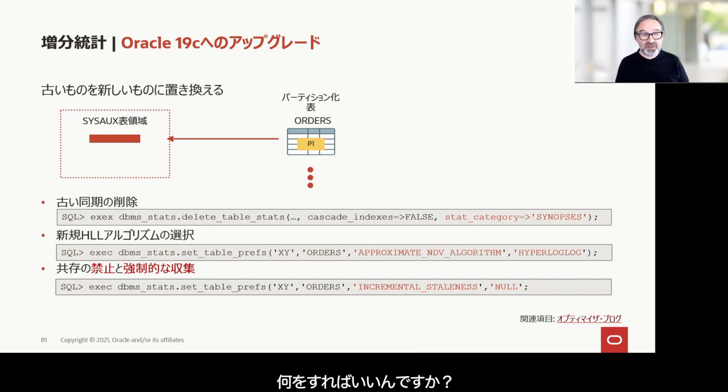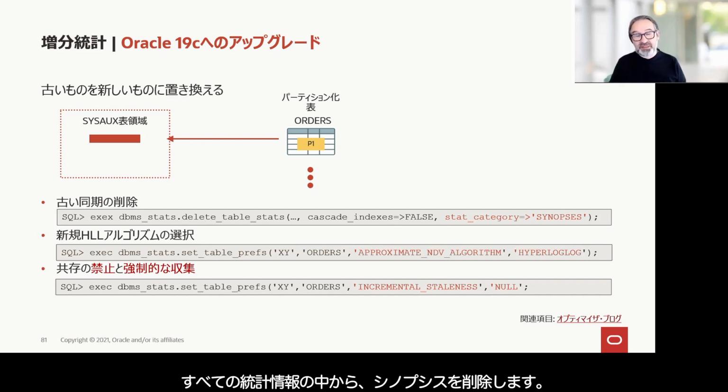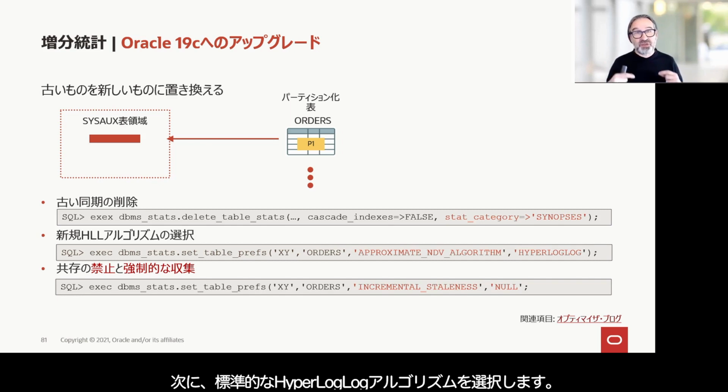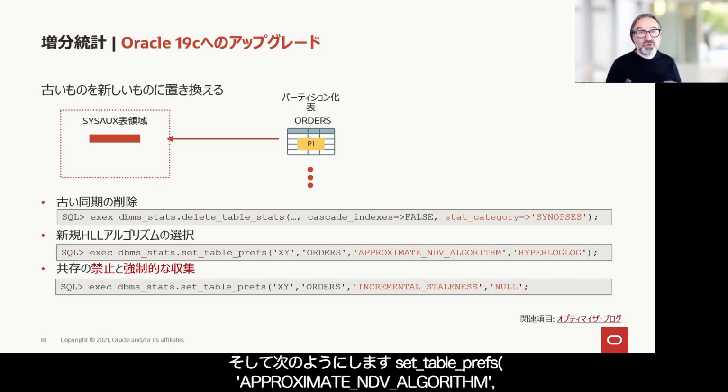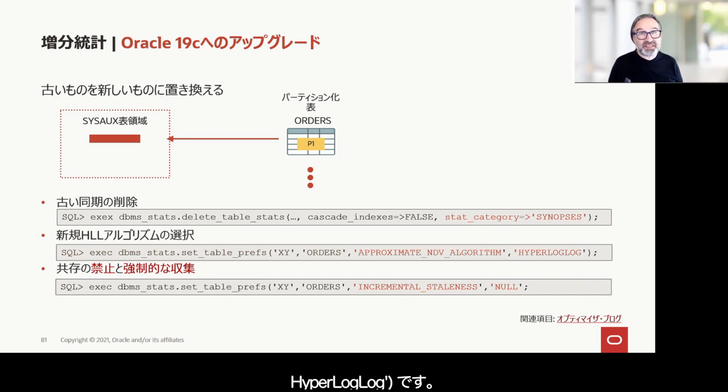Really it is. What you need to do, you drop the old synopsis. So first call here on the slide, DBMS_STATS.DELETE_TABLE_STATS, stat category SYNOPSIS. Don't delete all your stats, but delete the synopsis. Then you choose the HyperLogLog algorithm as standard. And you do this with SET_TABLE_PREFS, APPROXIMATE_NDV_ALGORITHM, approximate number of distinct values algorithm, HYPERLOGLOG.